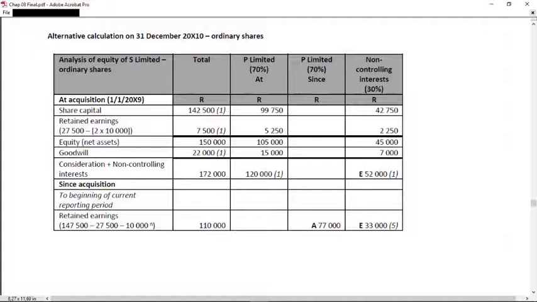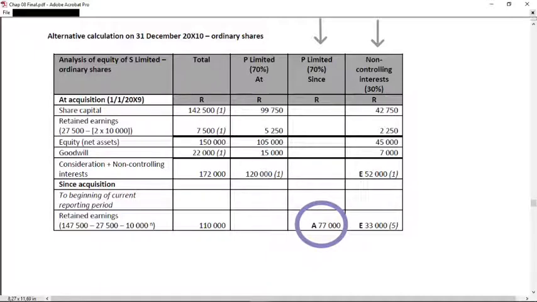Just a quick reminder from the analysis of equity. When we prepare the retained earnings column in the consolidated statement of changes in equity, NCI, we know it's all the amounts coming from this column. But when you're working with retained earnings and later on other equity items of the subsidiary, the amounts in this column attributed to P, the owners of the parent, these are the amounts that you end up adding to that of the parent, representing the amounts of the subsidiary attributable to the owners of the parent.